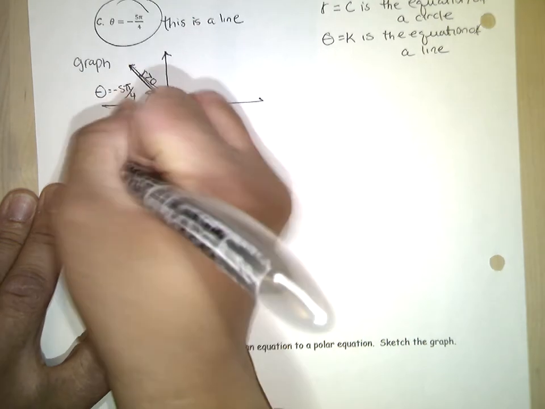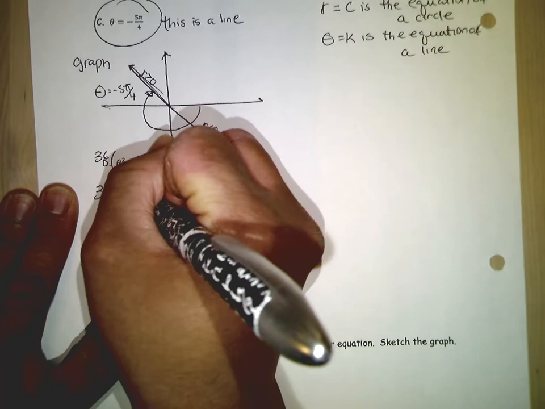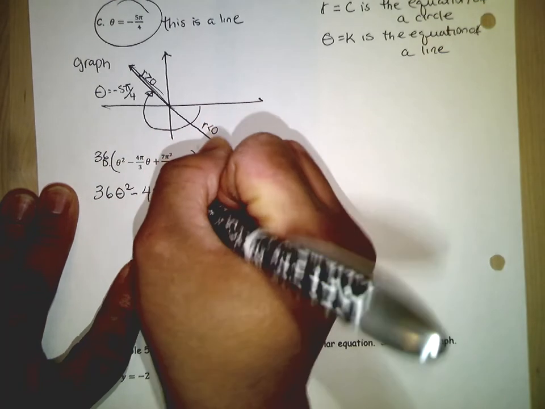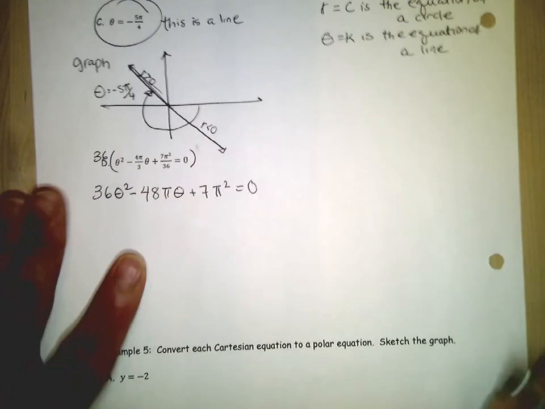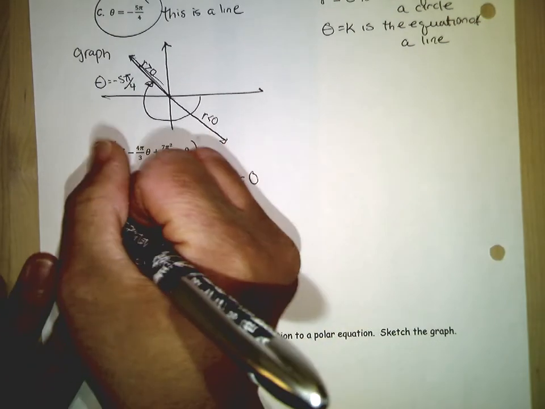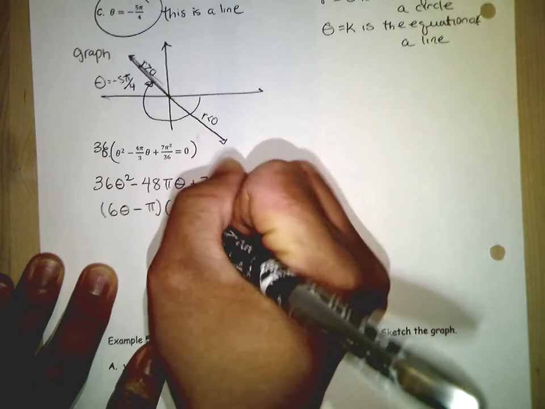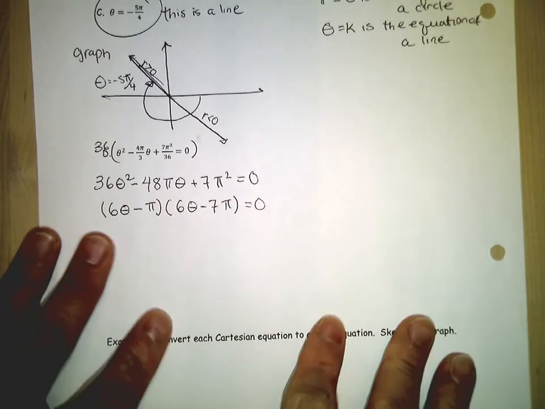How about 36? All right, so we have 36 theta squared minus 48 pi theta plus 7 pi squared equals 0. And now I can factor into 6 theta minus pi times 6 theta minus 7 pi equals 0.